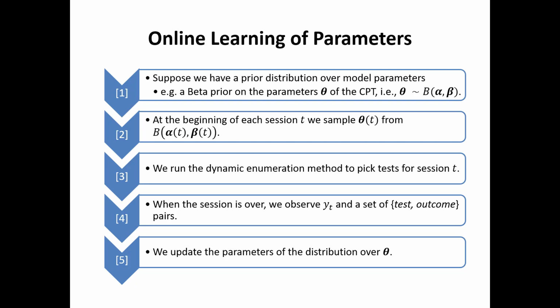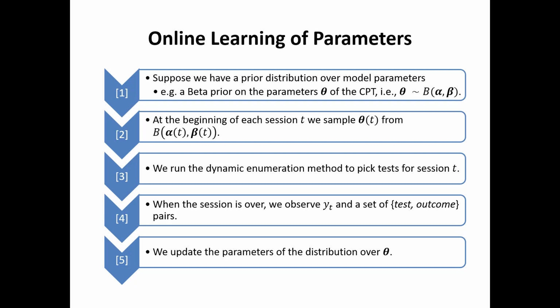Then we use this paradigm and we design an online learning of the parameters by adapting Thompson sampling or posterior sampling. Assume that at the beginning we have a prior distribution over the model parameters. For example, in this interactive troubleshooting, we may consider a beta prior over the theta parameters. So over every theta ij, we consider a beta distribution whose parameters are alpha ij and beta ij.